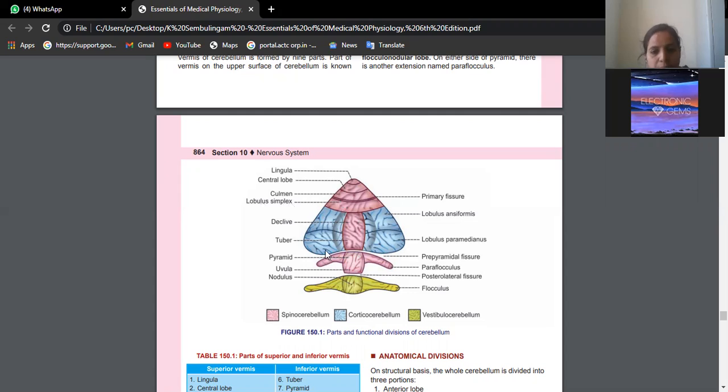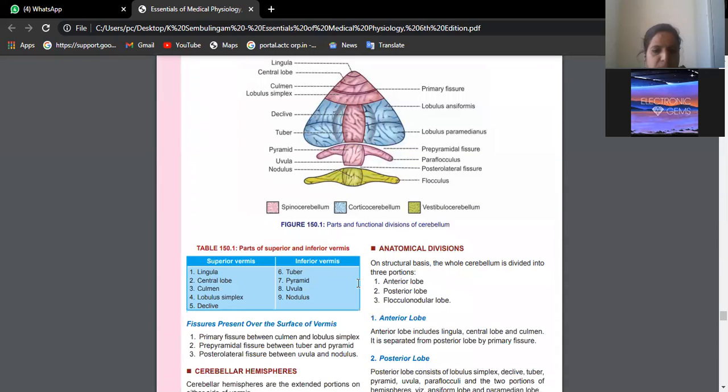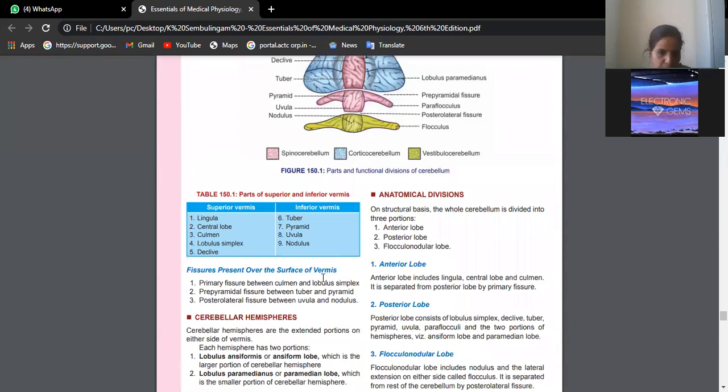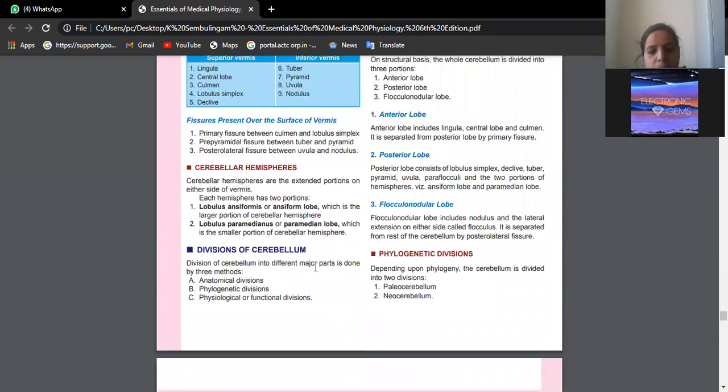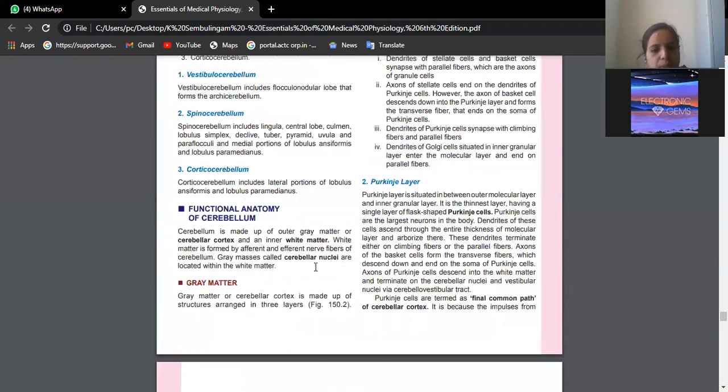Corticocerebellum is the lobulus ensiformis, the superior semilunar lobule and inferior semilunar lobule. The last one is vestibulocerebellum, where you have the nodule and flocculonodular lobe in anatomy terminology.